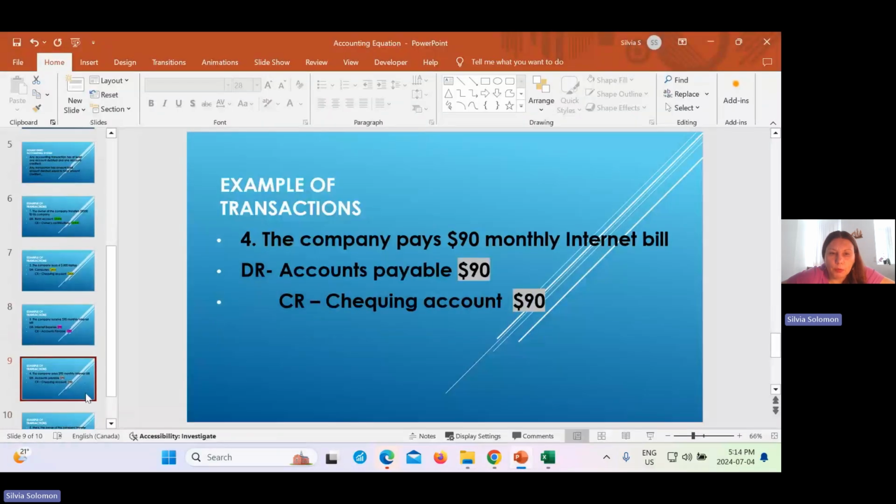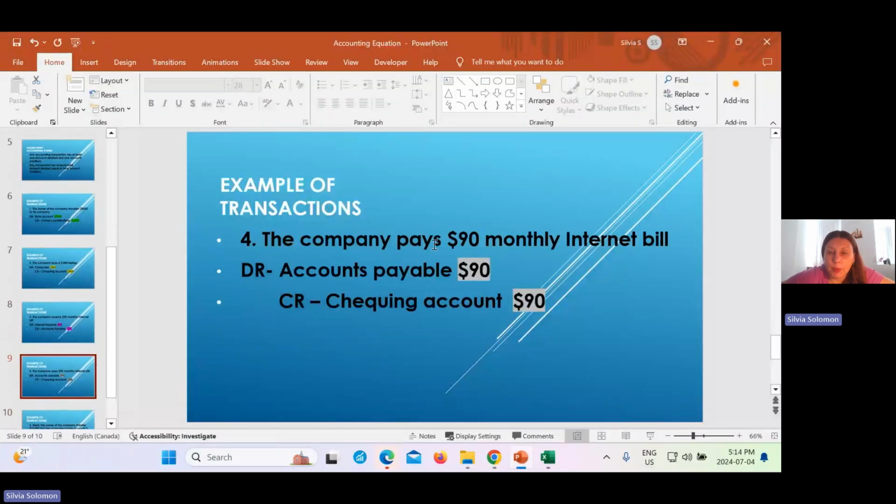Now, next example is that the company pays the bill, okay, the $90 bill. What is going to happen if it pays the bill? Well, the liability is going to decrease, okay? We have to remove from the accounts payable the $90 because there is no liability anymore of $90.